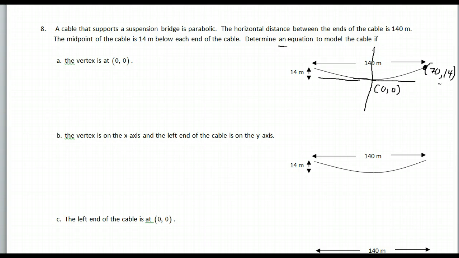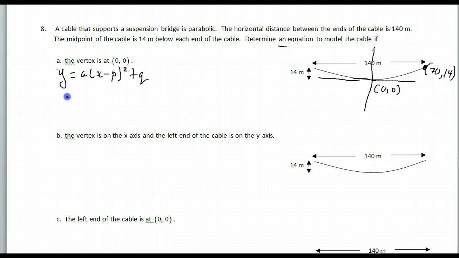And we know how to find the equation of a parabola given the vertex and a point. So, starting with the equation, y equals a times x minus p squared plus q, we now have p, q, x, and y. So let's fill everything in there.